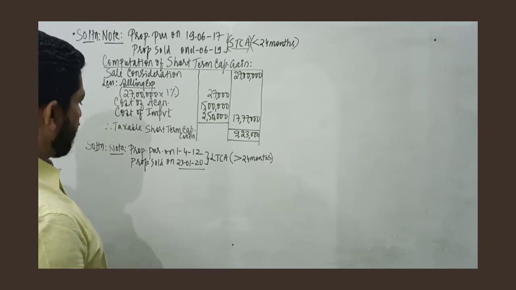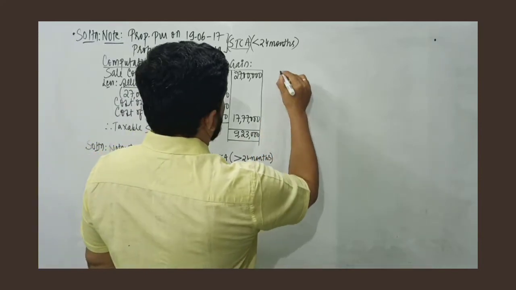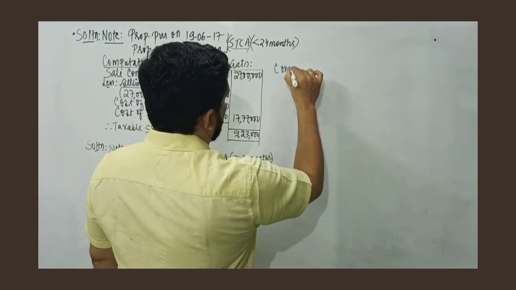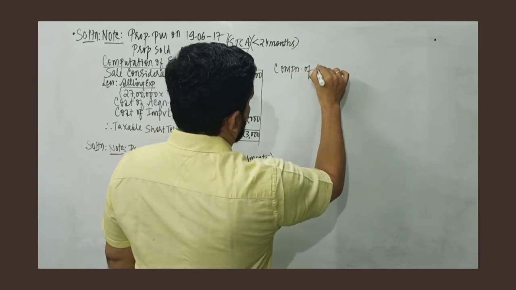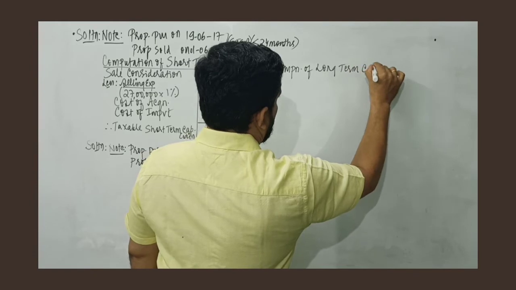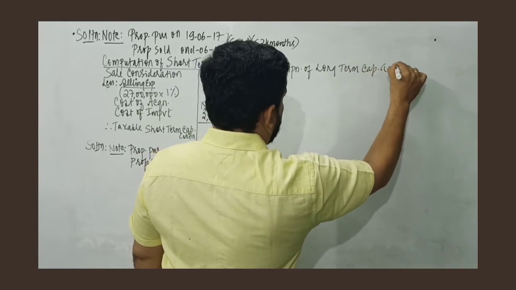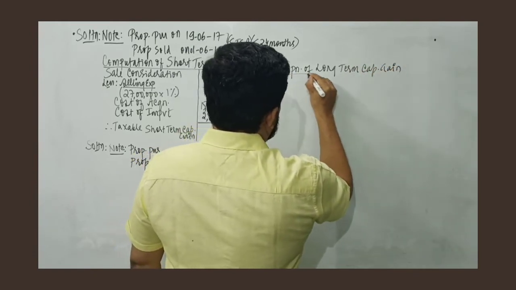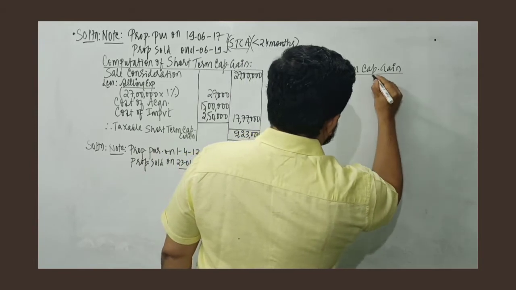So let's begin with the format. I will just record it here. Computation of long-term capital gain. I'll be taking two amount columns.